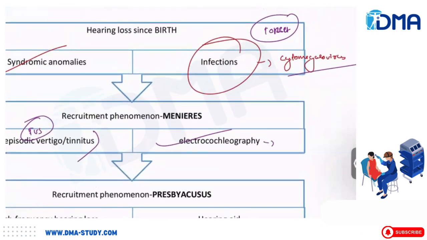What is the ratio of SP by AP in electrocochleography? Can someone say the ratio of SP by AP in Meniere's disease? I want you people to answer.